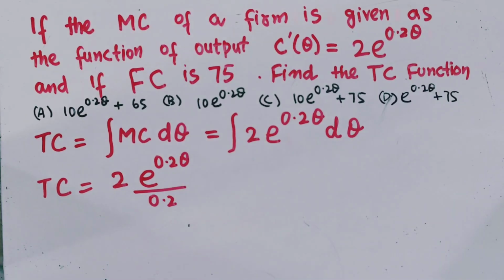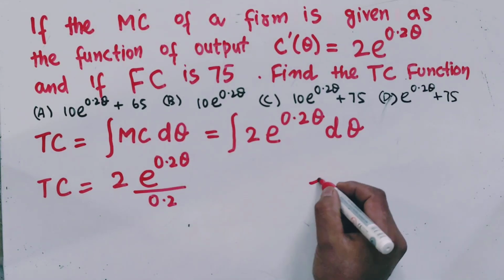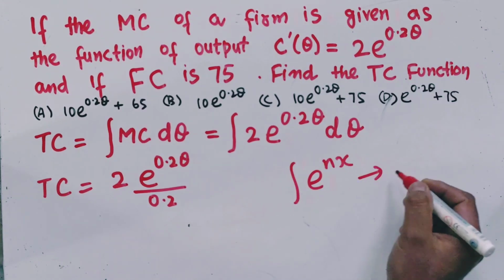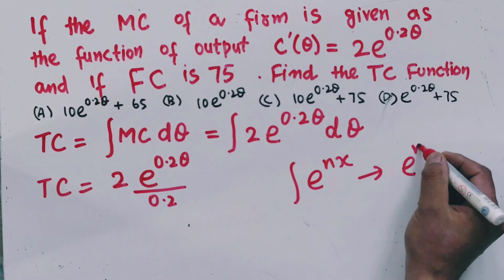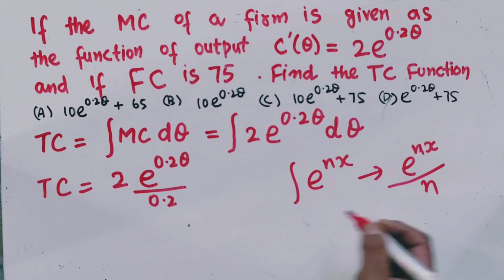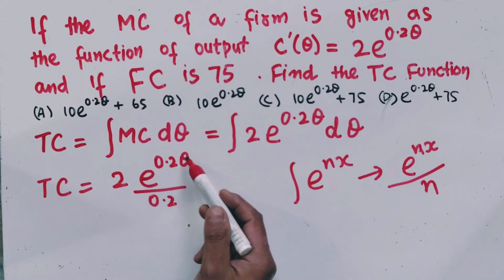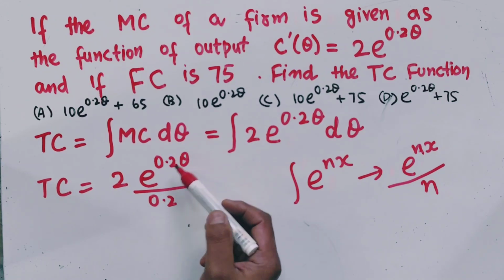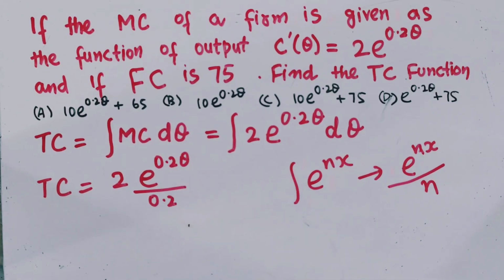Why? From the rules of integration, we know if we have e raised to the power nx, its integral is equal to e raised to the power nx, the original function, divided by the coefficient of x, which is n. Here we have e raised to the power 0.2 Q, so we divide by the coefficient of Q, which is 0.2.